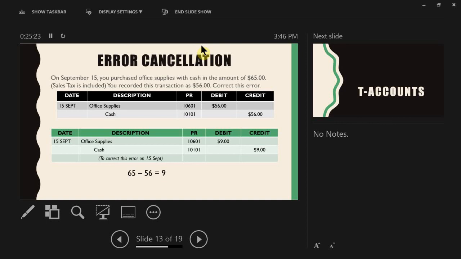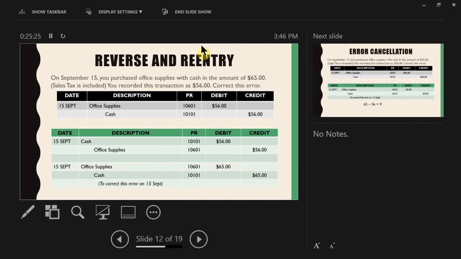But what most companies use, and what is most recommended, is the reverse and reentry, because here you're reversing the entry. You're fixing your mistake by returning the items, and then repurchasing them for the correct amount. You're less likely to make another error because you are safely returning and then re-entering it for the correct amount.